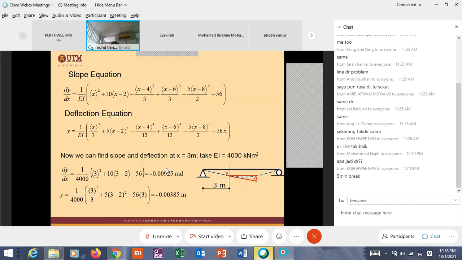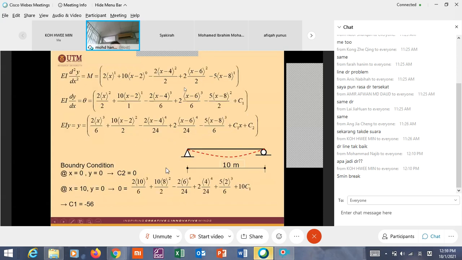Is it difficult or easy? Just cancel, all cancel. So it is not difficult. The difficulty is how to derive the first equation.